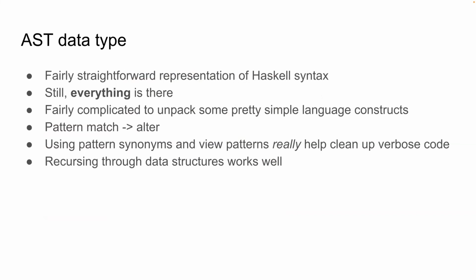I found using pattern synonyms and view patterns, exactly like Mitchell just recommended, a really easy way to clean it up and make these transformations through the tree a lot easier to grok. And recursing through all these things, like a function definition, they're kind of like linked lists. They're very deep list-like data structures, tree-like but sort of degenerate trees. So recursing to find stuff works well. That was a good pattern.